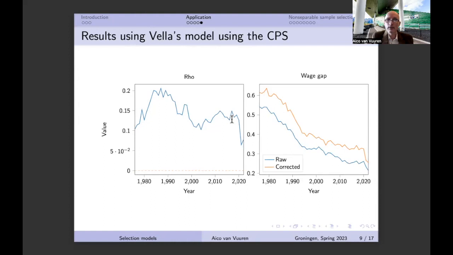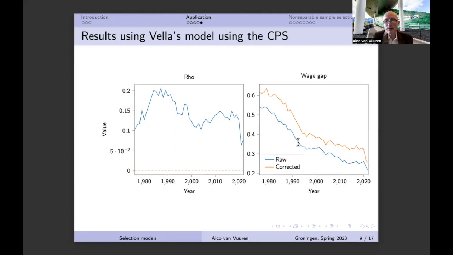If anything, we see over here that it might decrease a little bit over time, especially since the mid-80s. And this of course has a very big impact on the way we should look at the development of the wage gap. Originally, we saw that the wage gap dropped quite a lot when we did not correct for sample selection, but that's no longer the case.